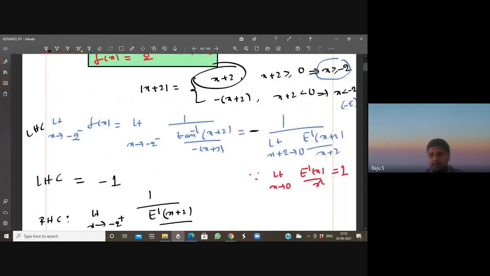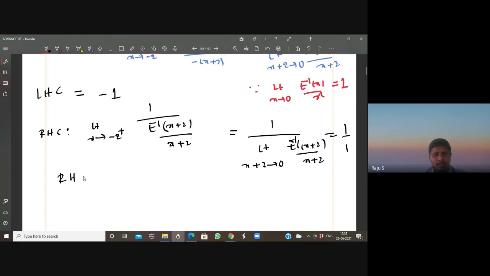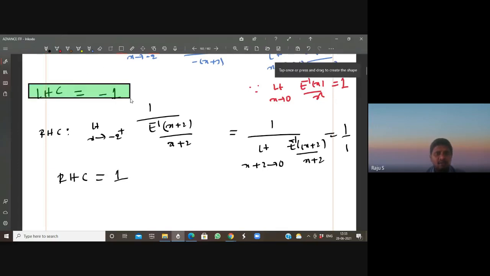So plus of x plus 2. Now this can be written as 1 by limit x plus 2 tends to 0 of tan inverse of x plus 2 by x plus 2. Clearly again this is 1 by 1. So right hand continuity value we got plus 1, whereas left hand continuity we got minus 1.